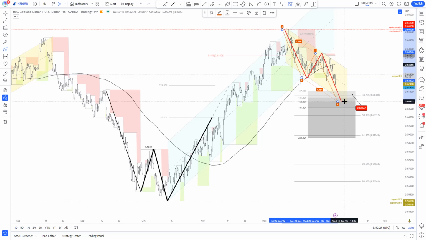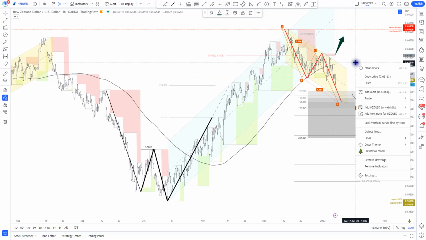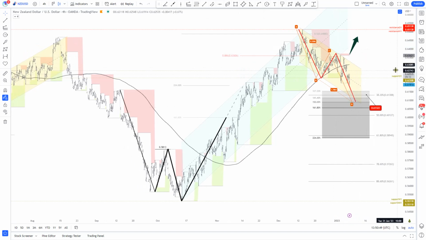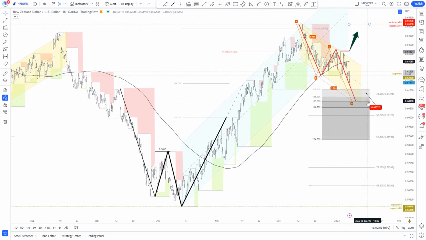That's not my target, but that's the price zone where I will start to pay attention for the Kiwi. Of course, a violation of this previous structural resistance and I will need to readjust my ideas. But for now, I'm paying attention to the possibility of the formation of this ABCD pattern at 60.94.